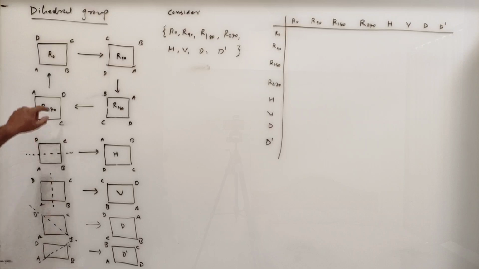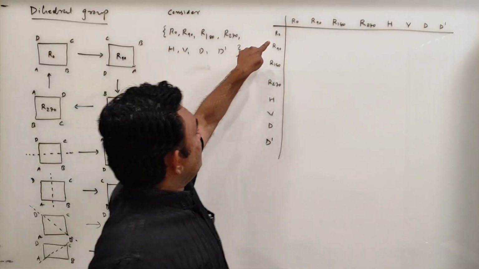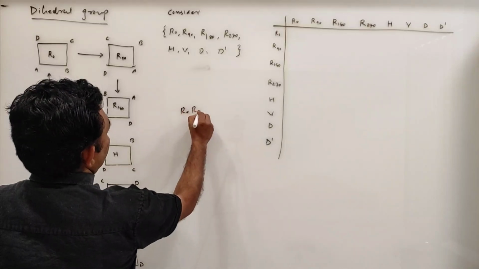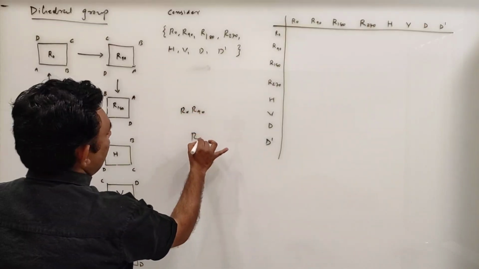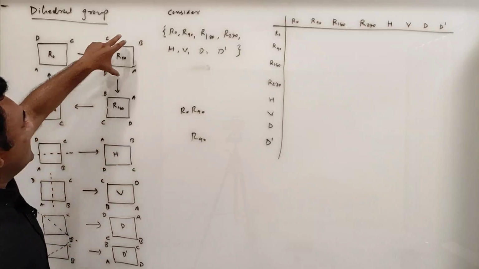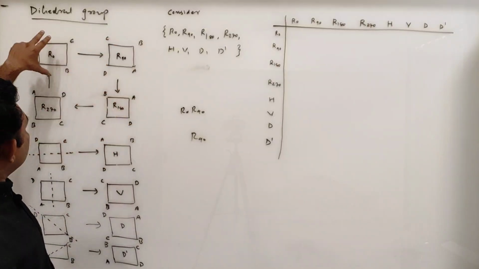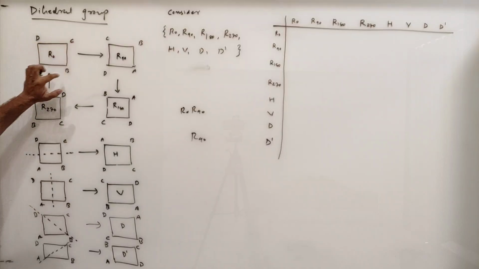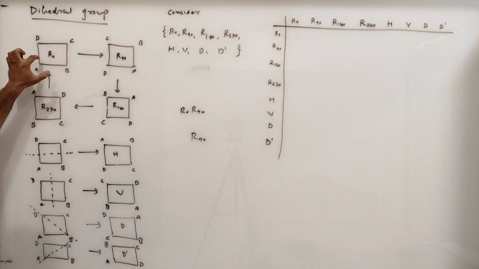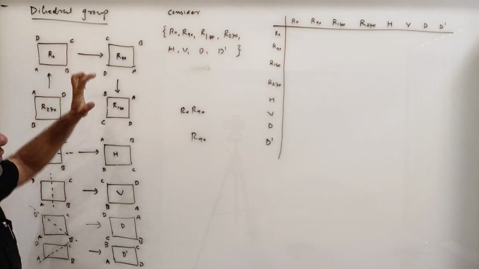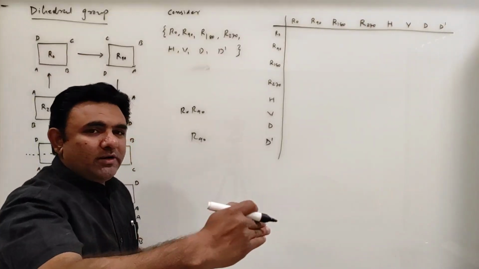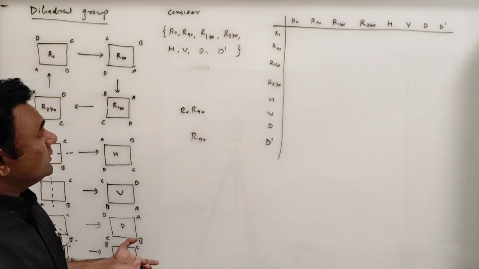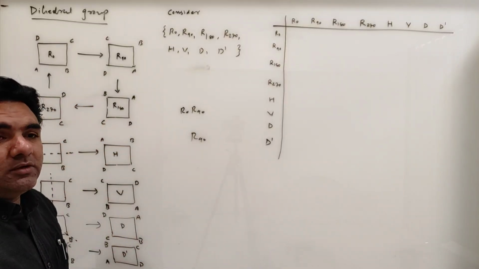See, now if you apply R0 on any element, say R0, R90. You start with the R90 position, and R0 means your starting position. You are not doing anything with R0. This is your starting position. So if you apply R0 on any element, then there is no change, right? So it will work as the identity element.